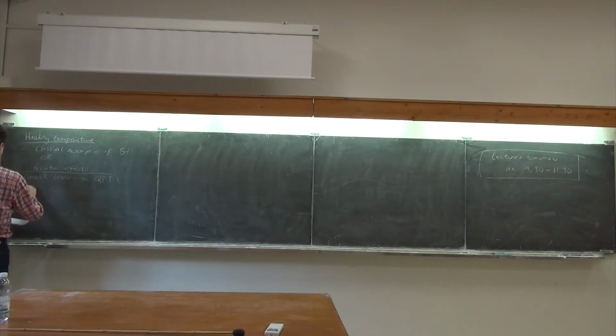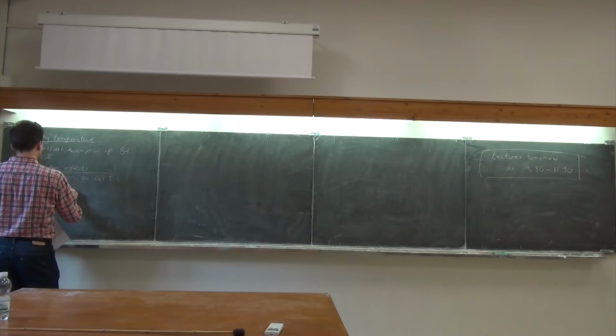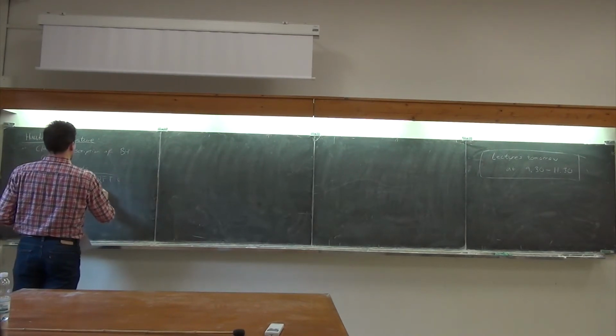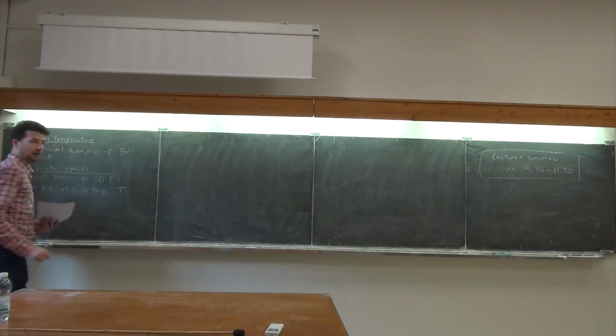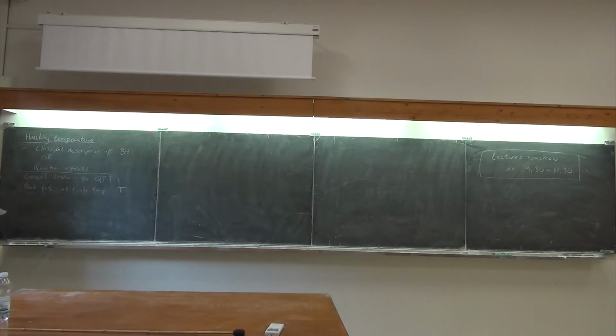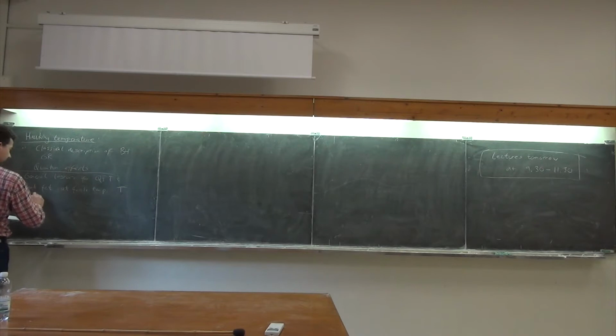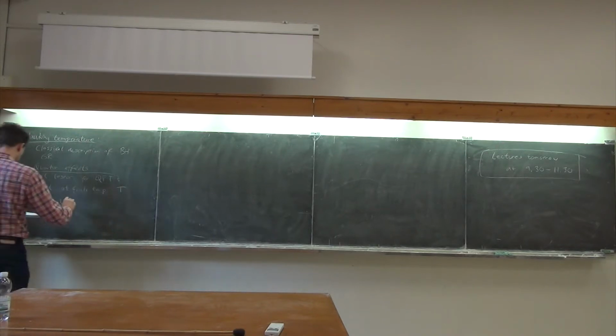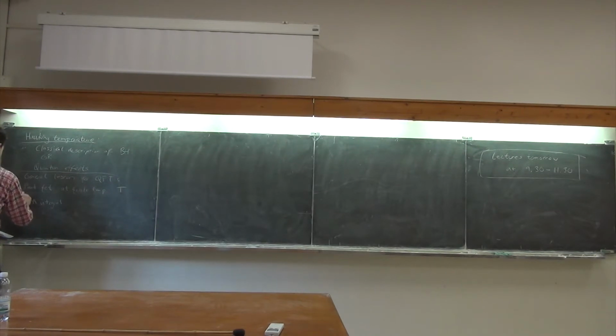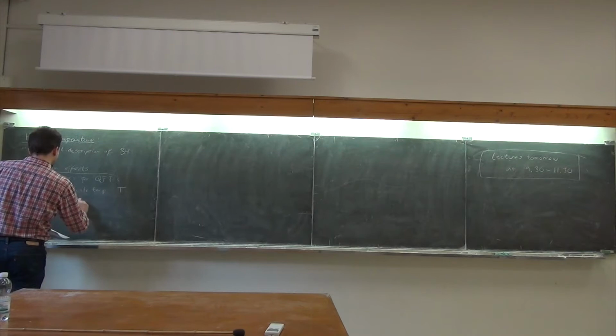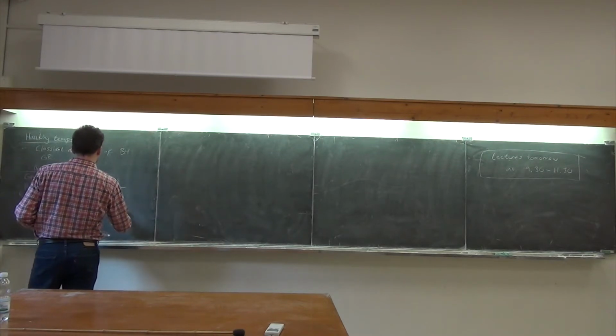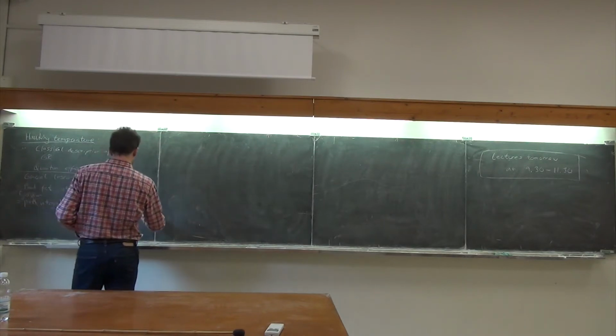Namely that if you take a partition function for quantum field theory at finite temperature T, then you can compute this partition function using the Euclidean path integral of the Wick-rotated quantum field theory.